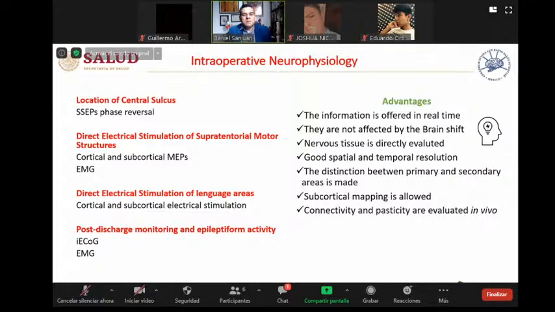It's possible to do subcortical mapping during the resection, and from the research side, connectivity and plasticity can be evaluated in vivo in humans. So it's like an experiment, and it's very nice to see how the brain responds in unusual situations.